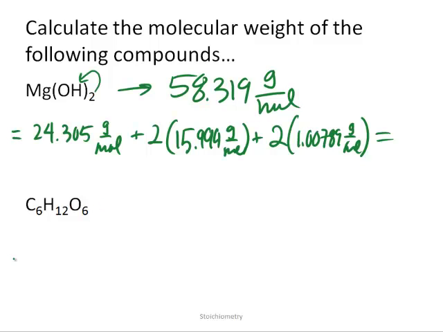Okay, so let's calculate the molar mass for glucose, C6H12O6. Okay, we don't have any polyatomic ions here, so we don't have to worry about distribution.